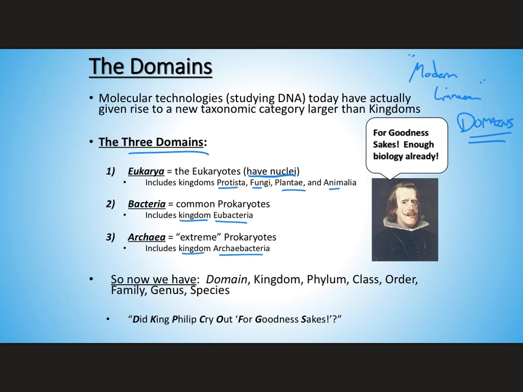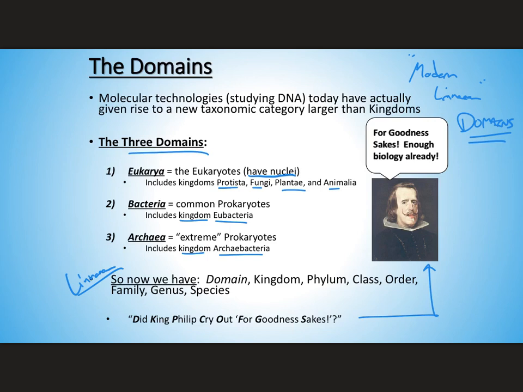So in today's modern Linnaean system, we have 8 different taxa. From largest to smallest, that would be domain, kingdom, phylum, class, order, family, genus, and species. And there's a lot of different ways to remember this, but I was taught in high school, and I still remember to this day, to remember, did King Philip cry out for goodness sakes?